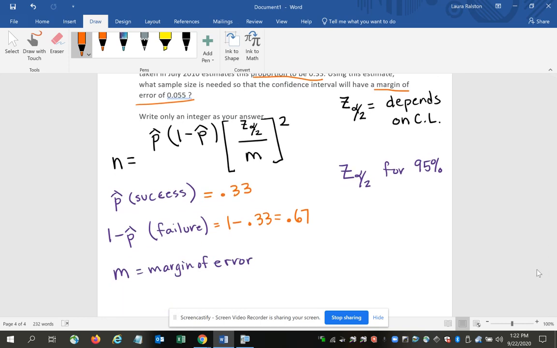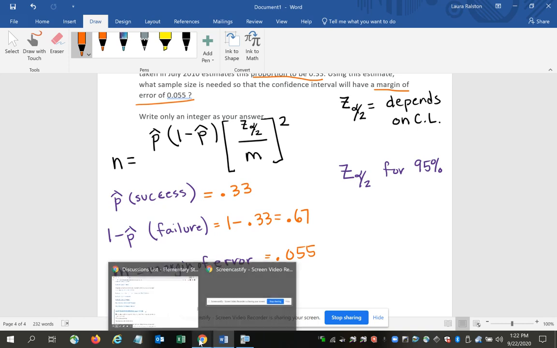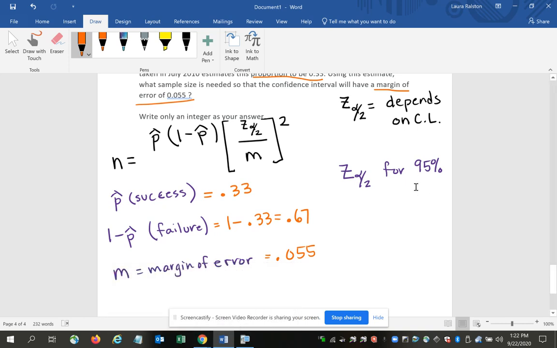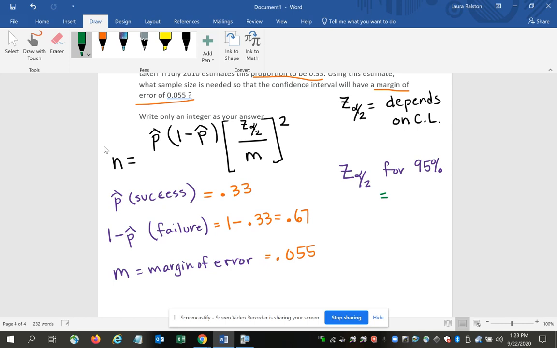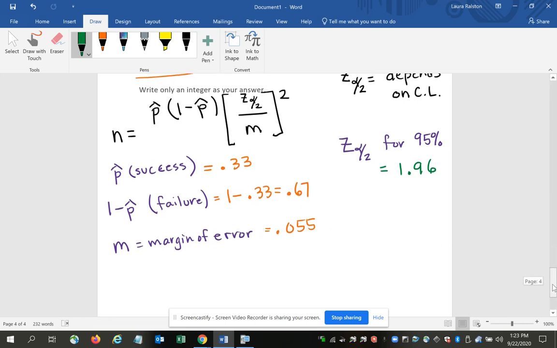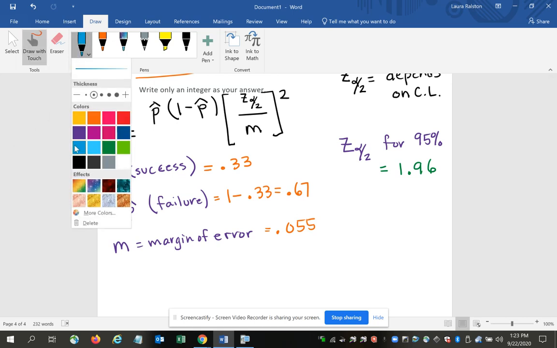So my margin of error is 0.055. I can go out to the lesson notes for lesson 18, and I am told in those notes that the Z value for 95% is 1.96. So at this point, I have enough information, and I'm going to plug and chug into the formula.